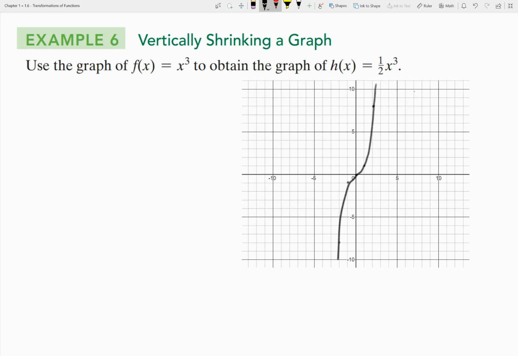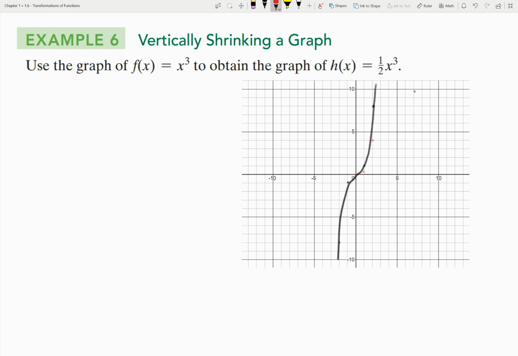If I'm going to shrink this, because it's a 1/2, I'm going to shrink this by a factor of 1/2. This point stays the same. This point gets pulled closer to the x-axis by half. This point was 8, and now turns into 4.